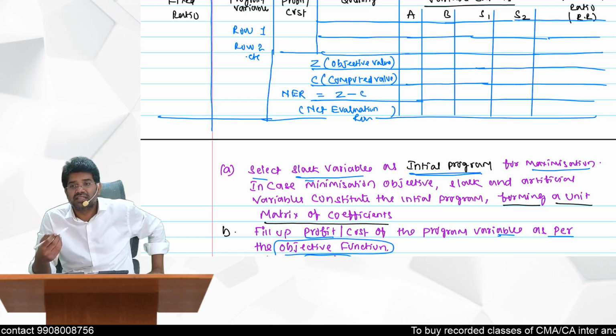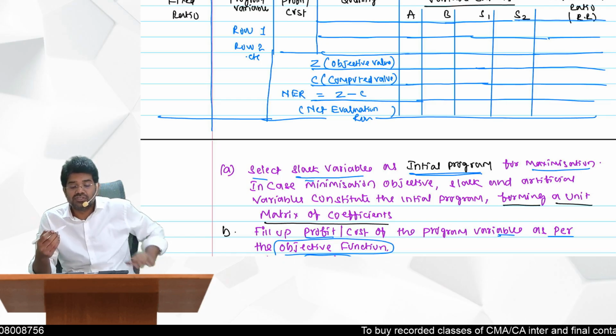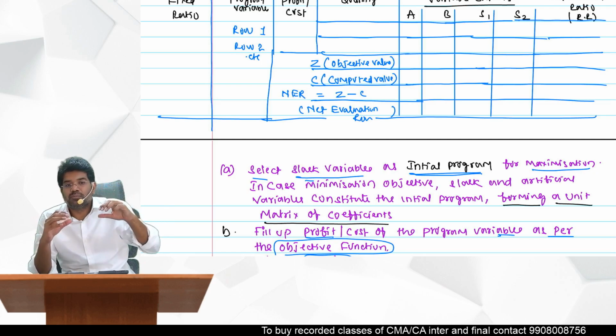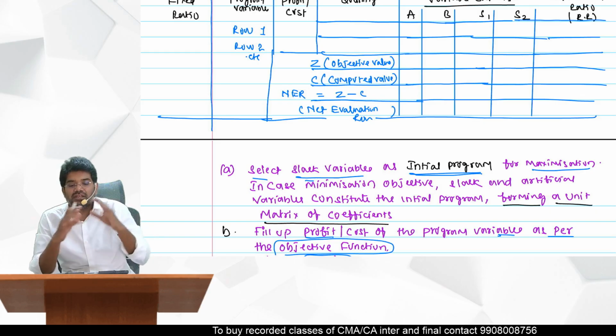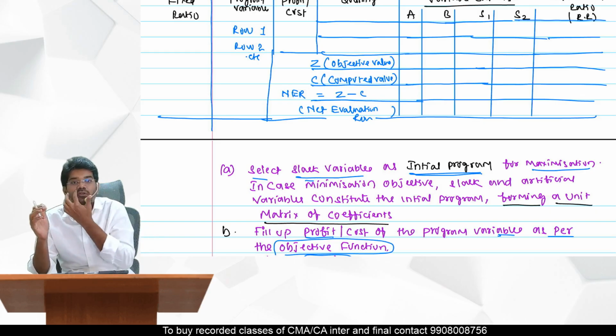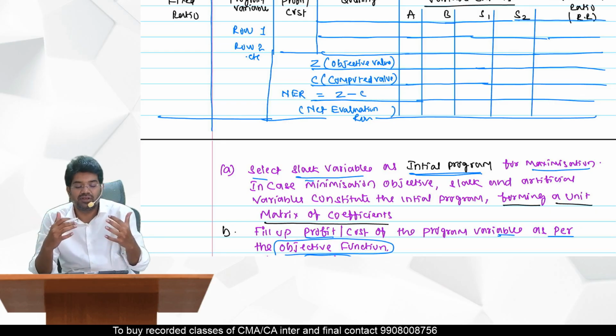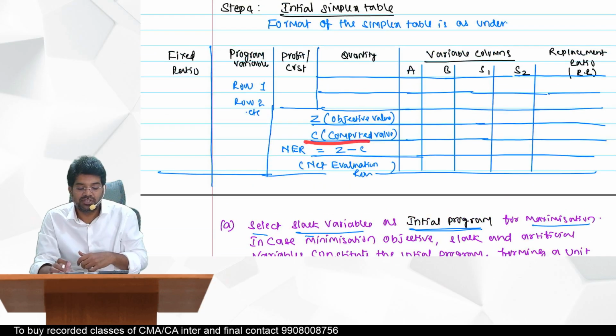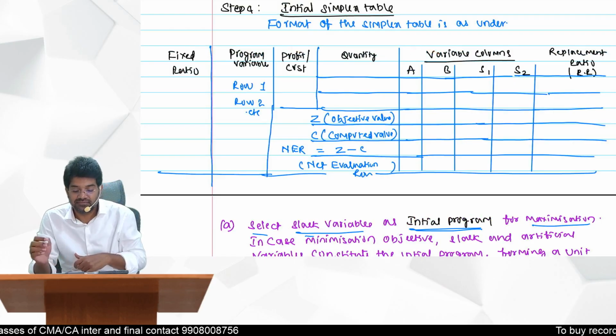If I introduce each of these variables, what is the profit per unit I am going to get? That is the meaning of the C value. So this represents profit per unit. How do you get this? Summation of profit multiplied by the coefficients of the variables.